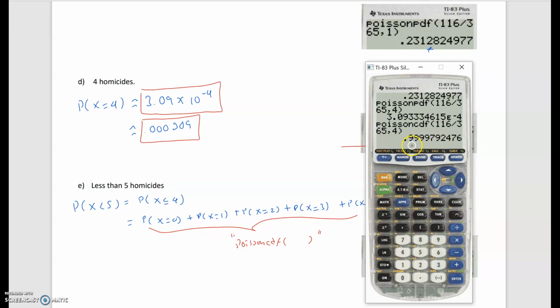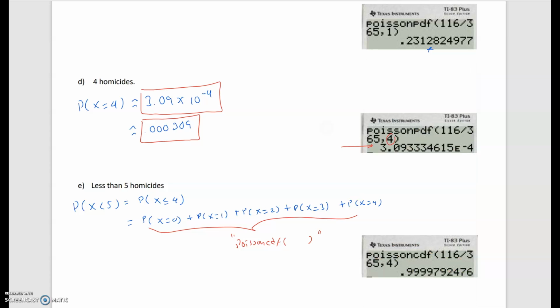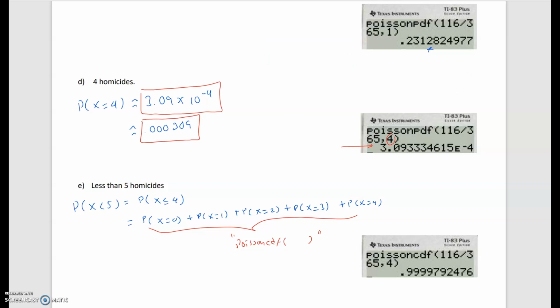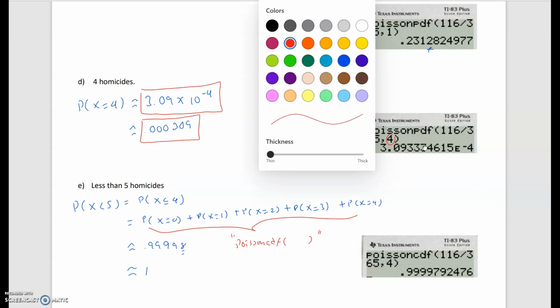So I'll just write it as 0.99, or approximately 1. In this case, I'm just going to rewrite it as approximately 0.99. There is 1, 2, 3, 4, and then technically an 8, which is almost 1.